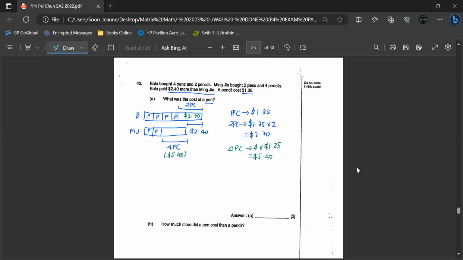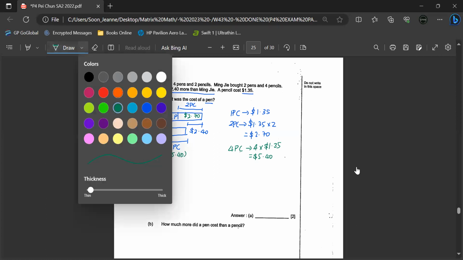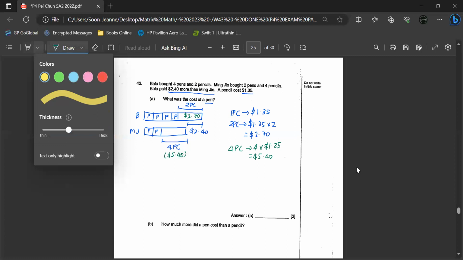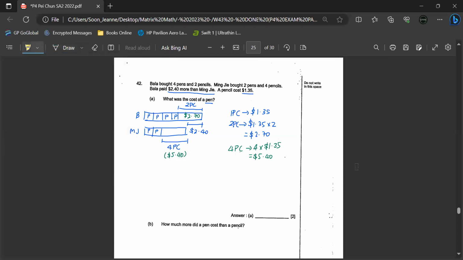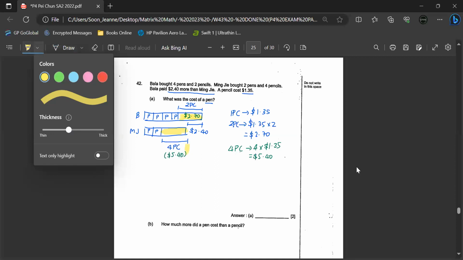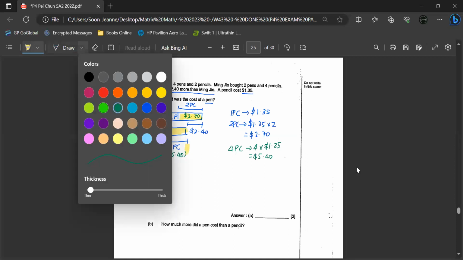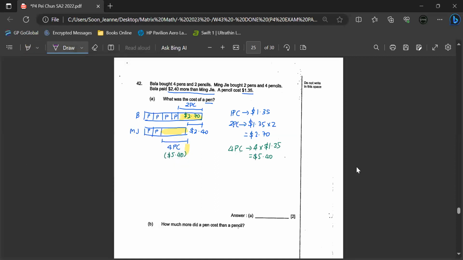Okay, so if you look at these two, let me highlight, I guess. Highlighting will be better. So if you look at these two down here, you can see that there's a little difference that we can find. But wait, let me get a purple color one. So you can see that this one, we can find this little part here.